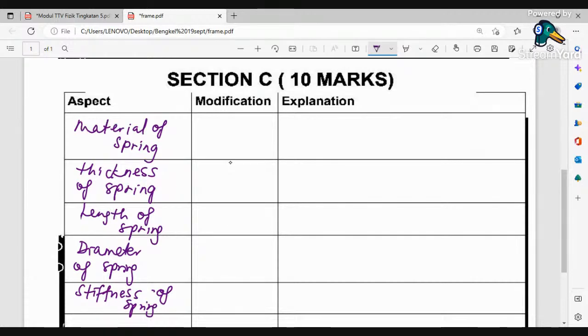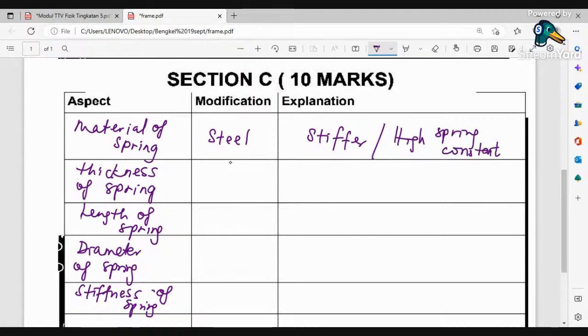Modification, material. If you know the name, just write name. If not, just write strong. Tak tahu tulis strong je. Kalau tahu boleh letak steel. Okay, boleh tulis jawapan dia ialah stiffer, okay, or high spring constant.